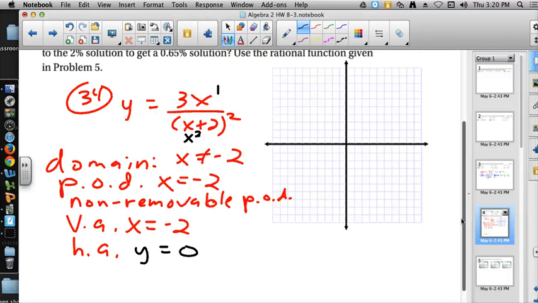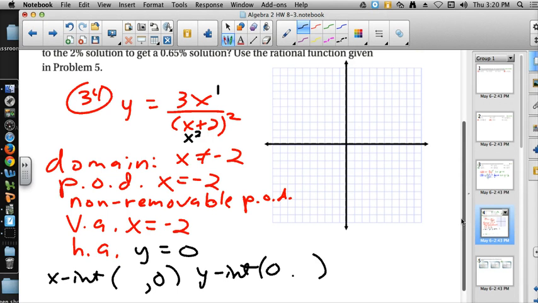Now, other pieces, let's check for an x-intercept and a y-intercept and see if we can get those. So with the x-intercept, we need to get y to be a 0. The only way that's going to happen is if 3x equals 0, and obviously that means at 0.